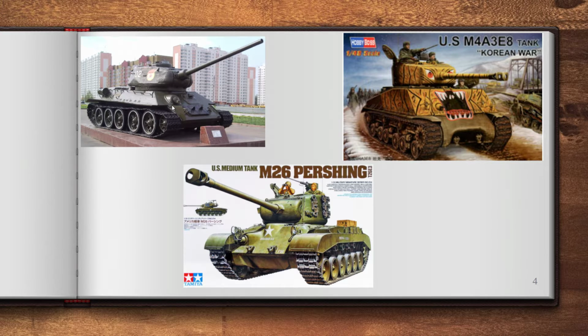And even after some reinforcement came with the M26, I mean, not the M26, the M4A3E8, the one on the top right, this tank was not enough to destroy the T-34 tanks.